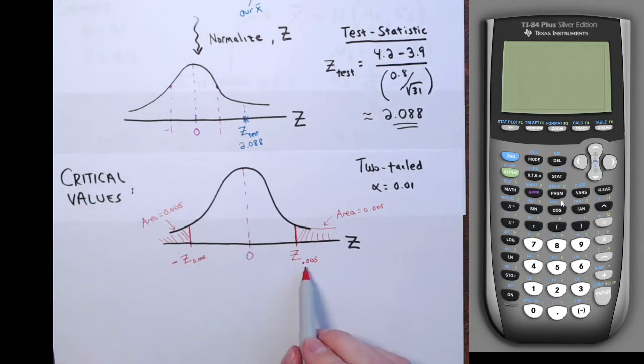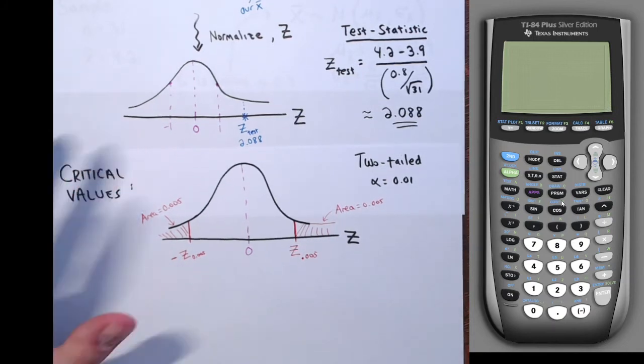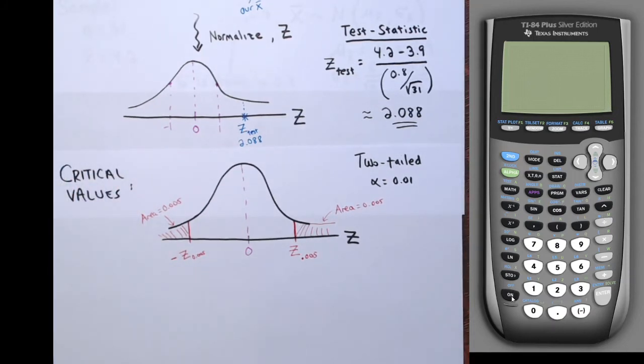So I'm looking for this. What's the z-score with an area of 0.5% above it? You can use the table to find this, or I can use a calculator. Remember the inverse norm. Go to inverse norm. When they ask for area here, that's the area to the left.